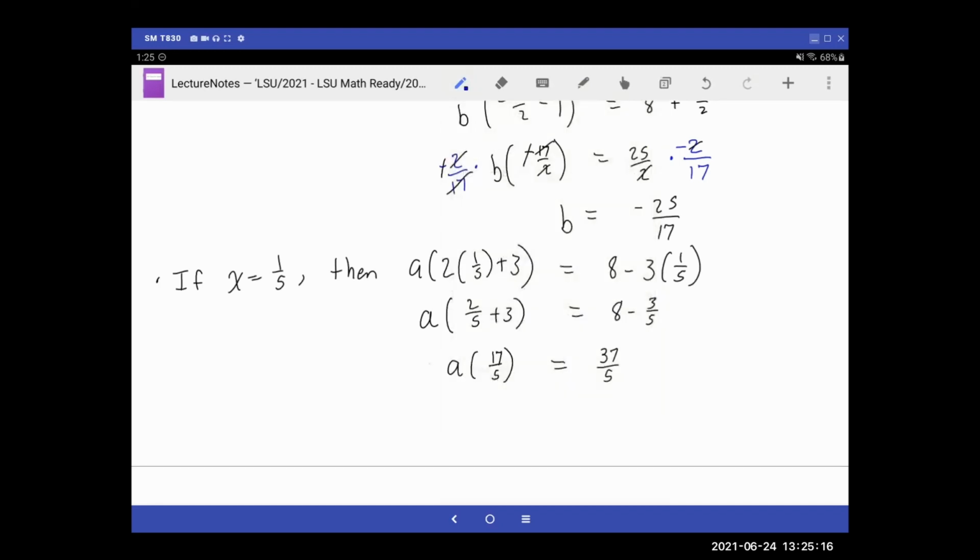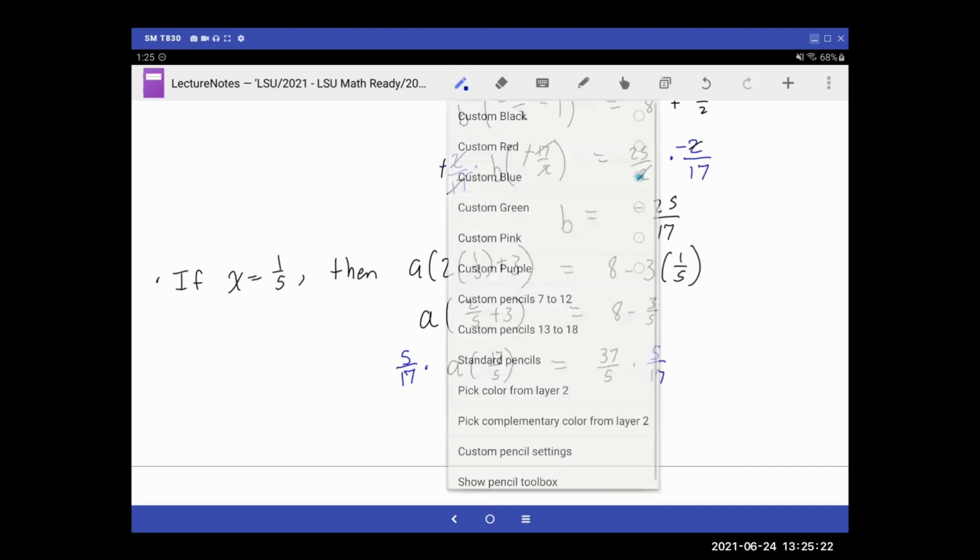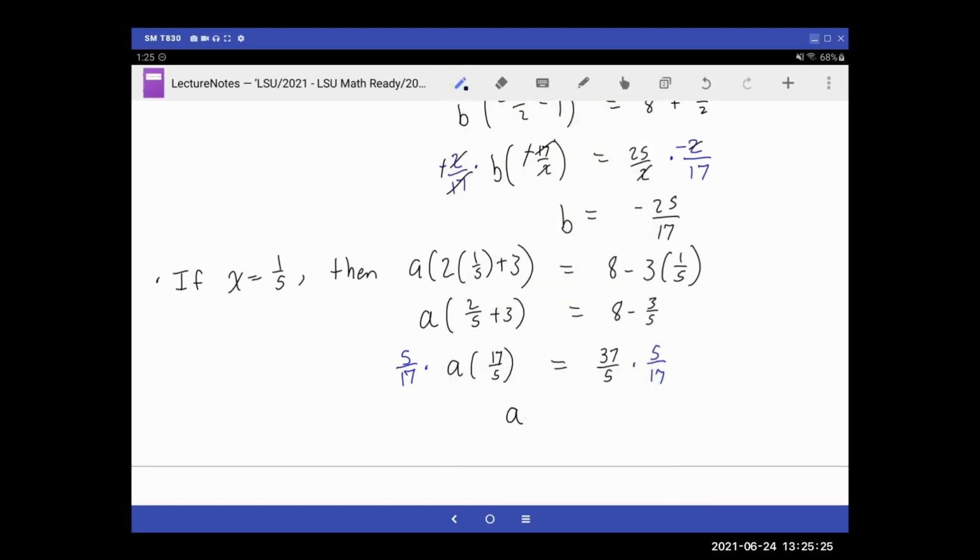Multiply both sides by the reciprocal of 17 over 5. That'll cancel out my fraction on the left and leave me with 37 over 17. Okay, so that would be the coefficients that I needed.